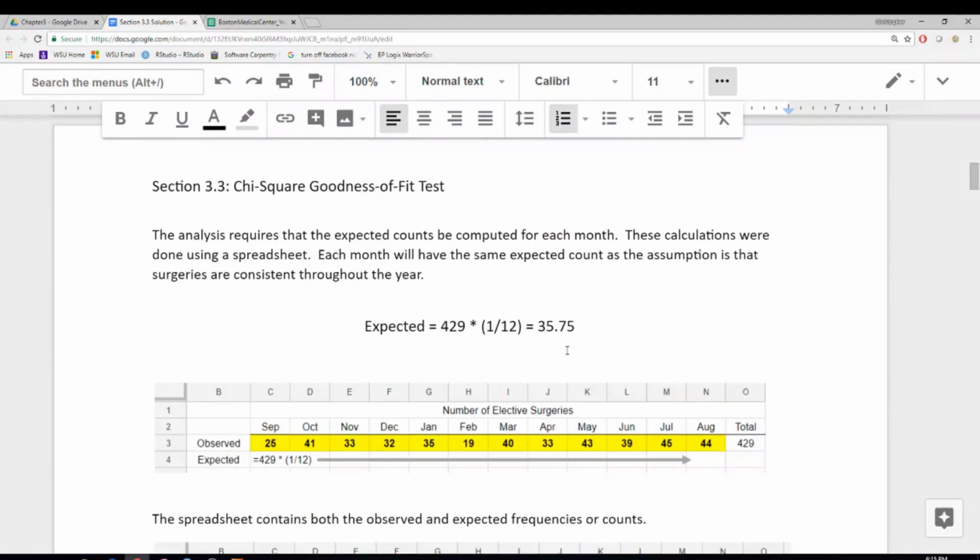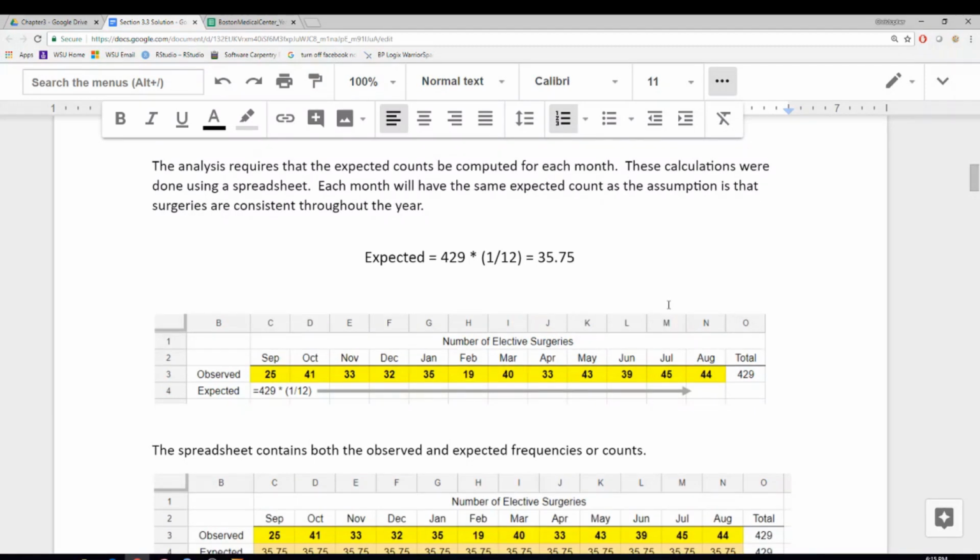All right, so how do we continue with the analysis? Well, we're going to need to compute the expected quantity. The expected quantity for this particular situation is actually going to be the same for all of the different months, because I'm trying to figure out whether or not I have inconsistencies across the months. So we set up the expected quantities underneath that null hypothesis.